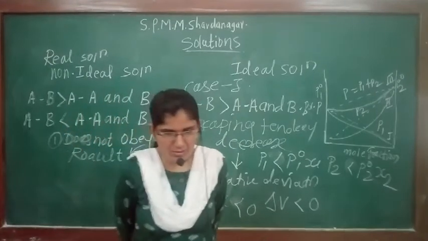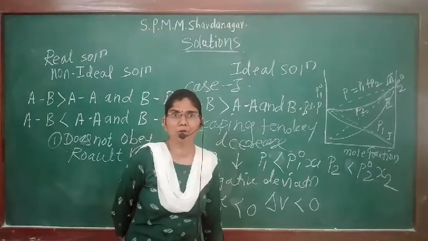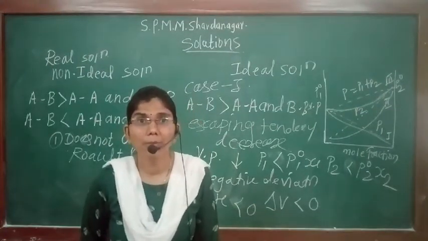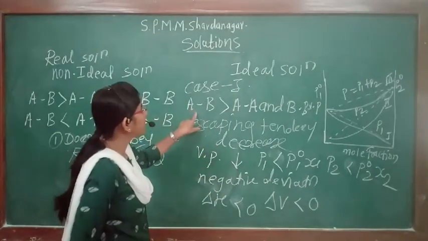Why is it so? The change in enthalpy is less than 0 and the change in volume is also less than 0 because it shows the negative deviation.